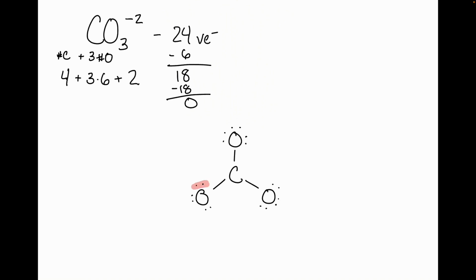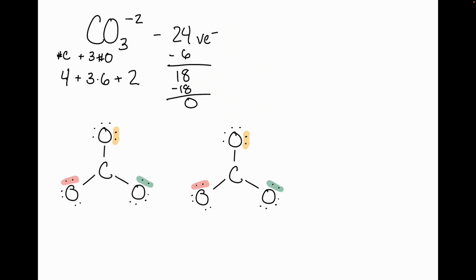Do I pull from this one in the bottom left corner? Or this one, the top one? Or this one in the bottom right corner? And the answer is yes, all of the above, right? You have to draw all three of those structures since they're all equivalent.